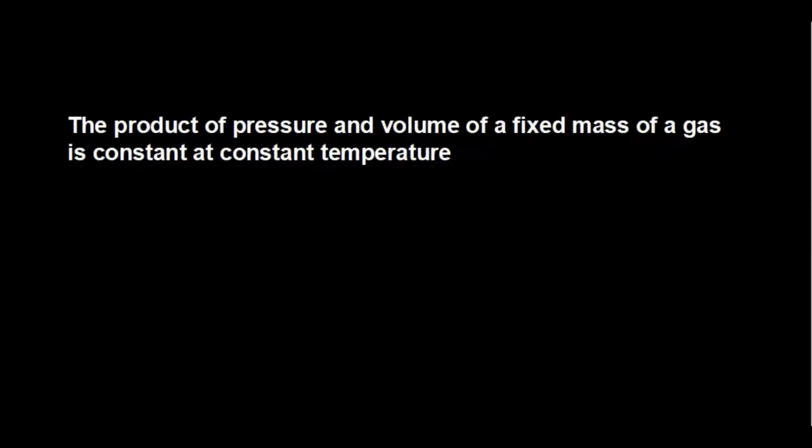Boyle's law can also be stated as the product of pressure and volume of a fixed mass of a gas is constant at constant temperature. Mathematically, we can write P1V1 is equal to K, where P1 is the initial pressure while V1 is the initial volume.